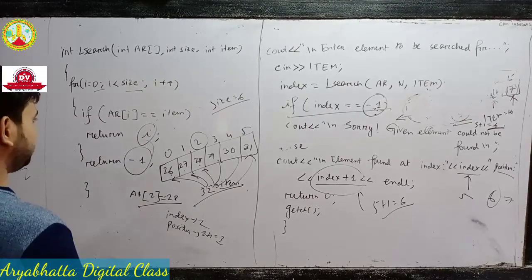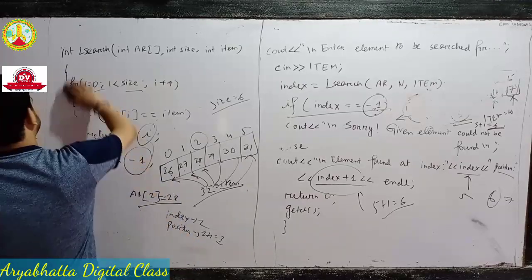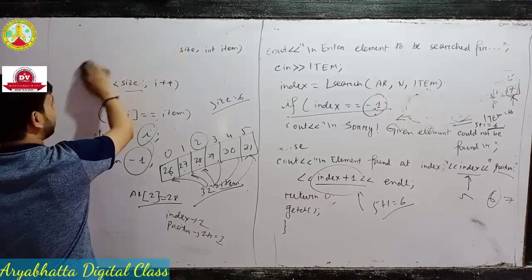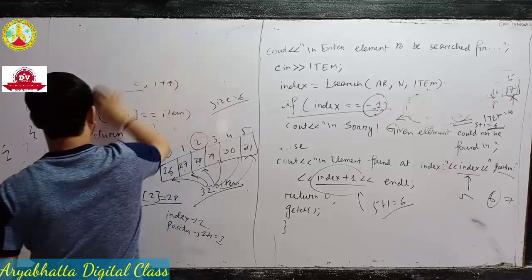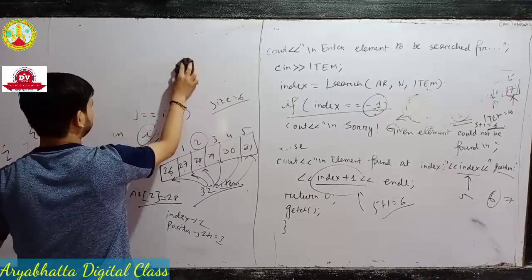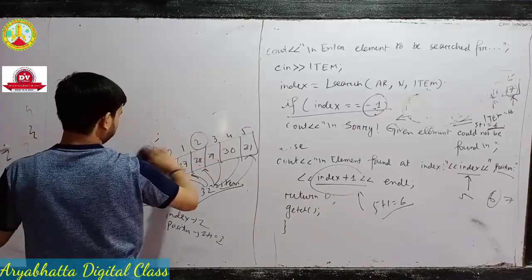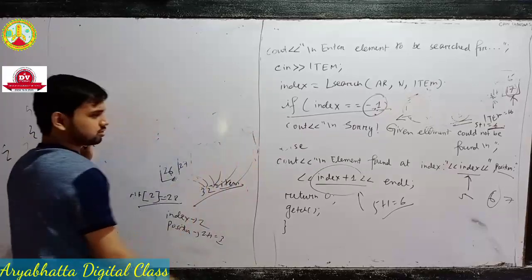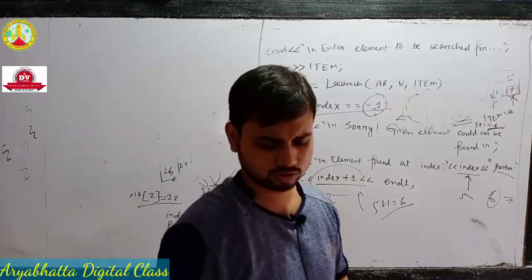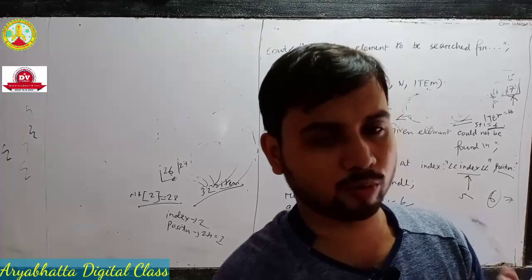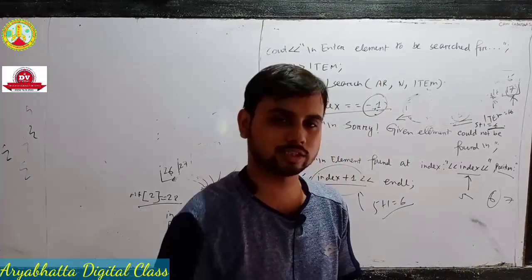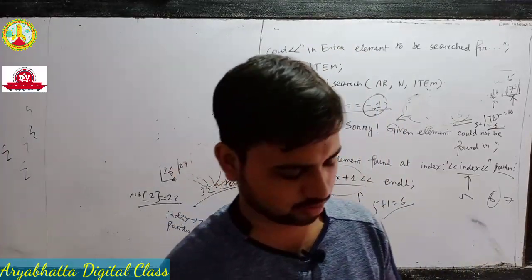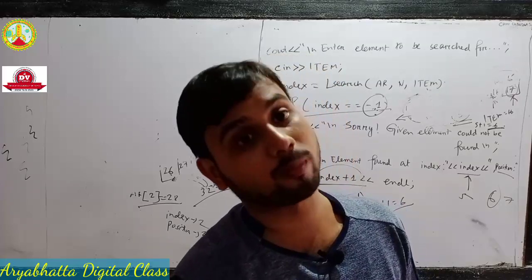I hope you understood clearly. If you have any doubt, you can ask me. Now we start the binary search topic, the second search topic, and this is also very, very important. Last year one problem came from binary search. In binary search we actually have to study three things: algorithm, program and problem.